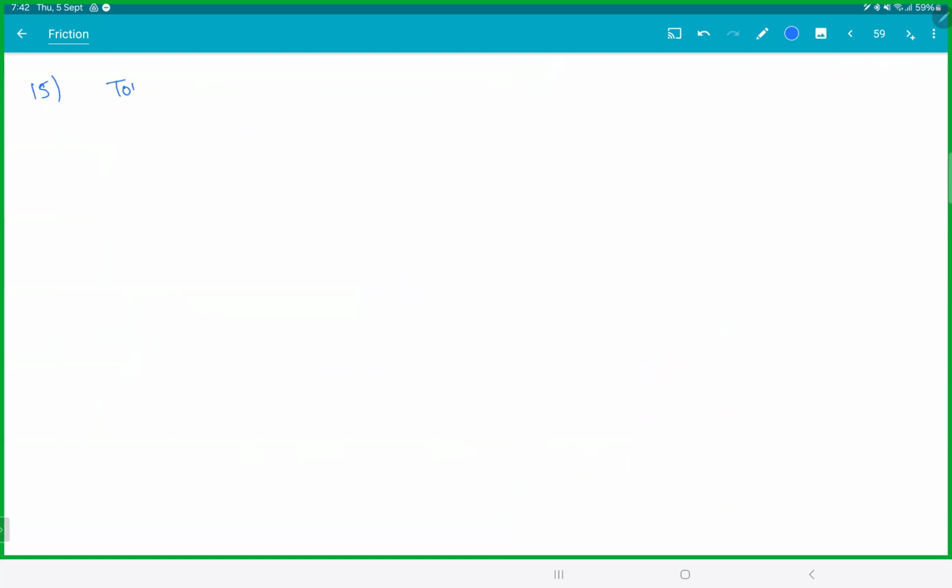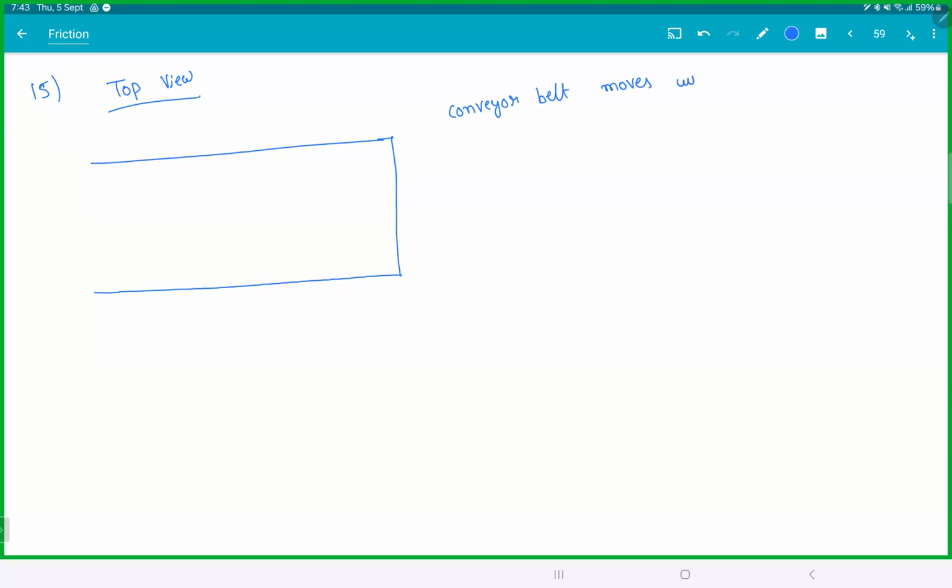This is your top view. So we again have a conveyor belt here, moving with a constant speed, 3 meters per second.